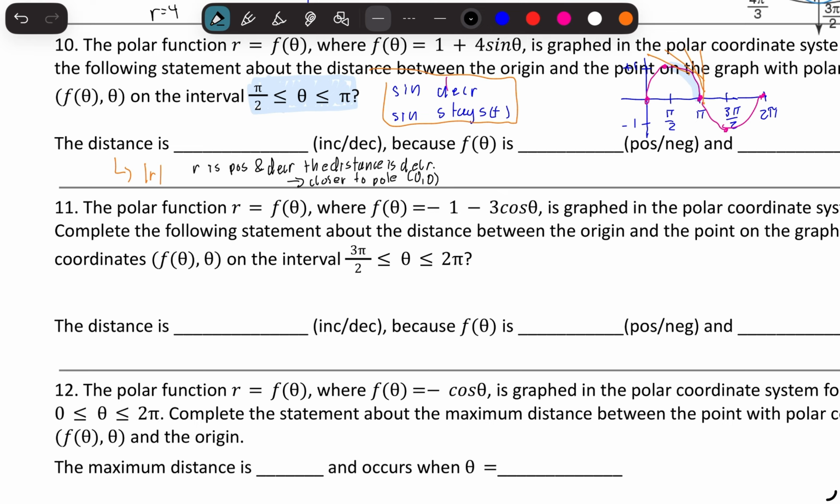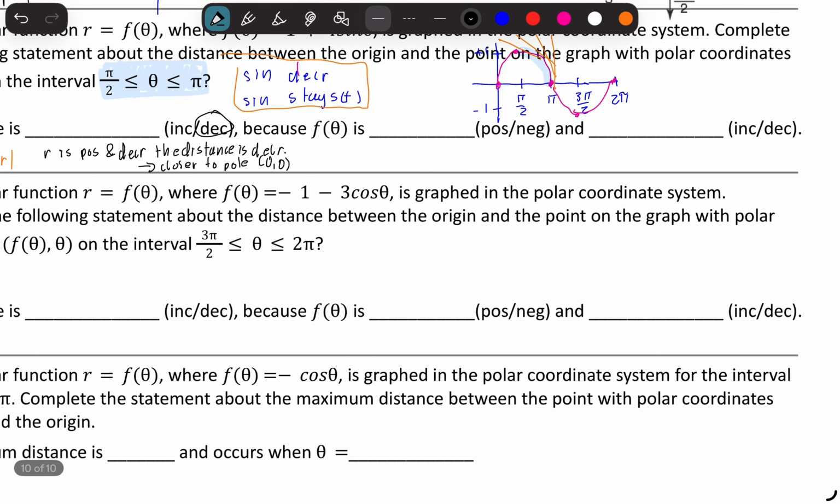That means that it's getting to a smaller distance. This is because f of theta is positive and decreasing.